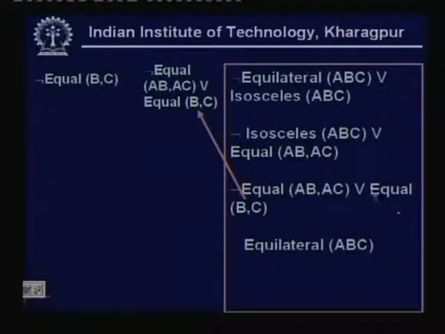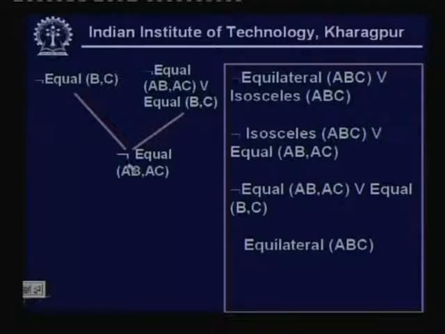Why did I select this clause? Because this had the negation of some part of the clause that I am going to disprove. So, when I resolve them, these two will resolve out, and the resolvent will be not equal ABAC, right.